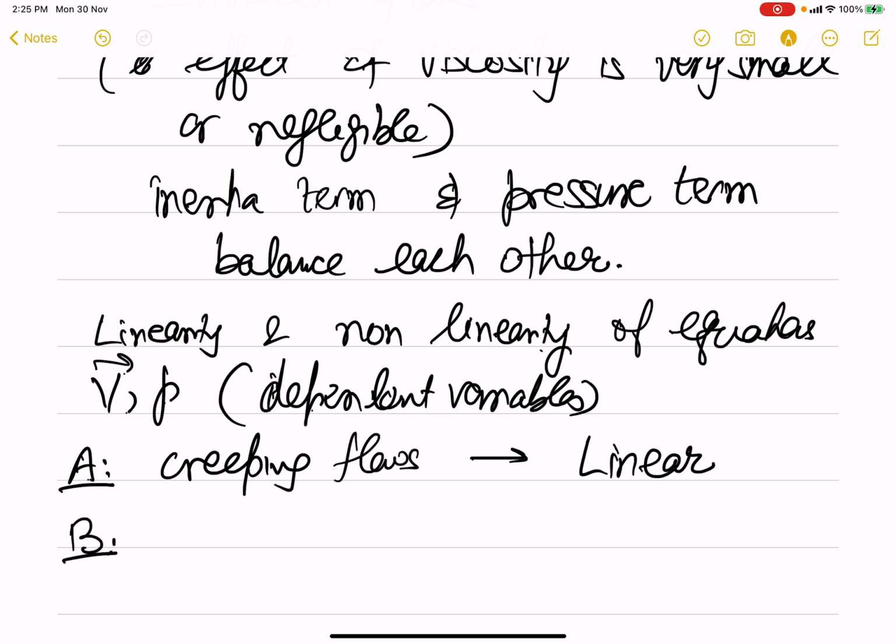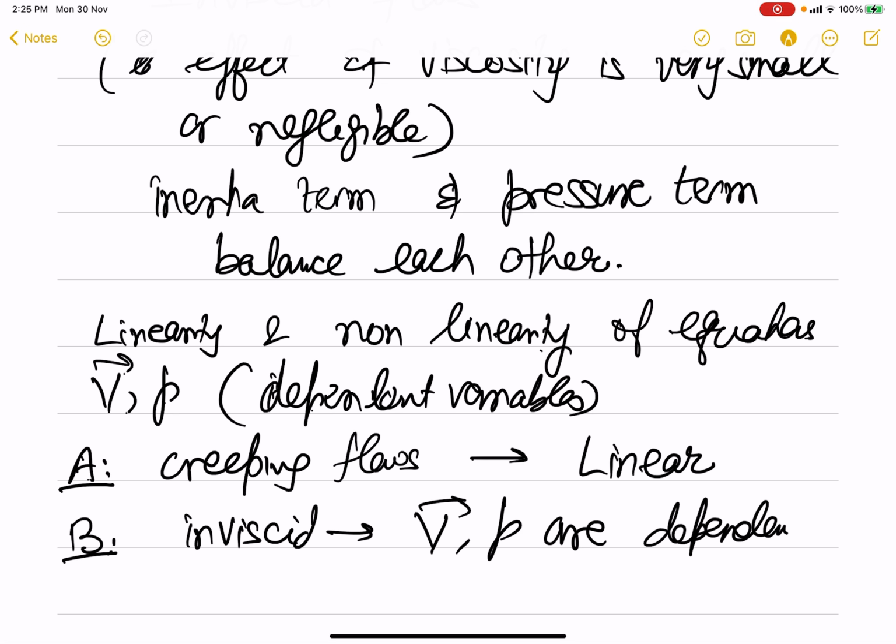But in flows of type B, which are inviscid, where both V and P are dependent variables, the equations will be expected to be non-linear.